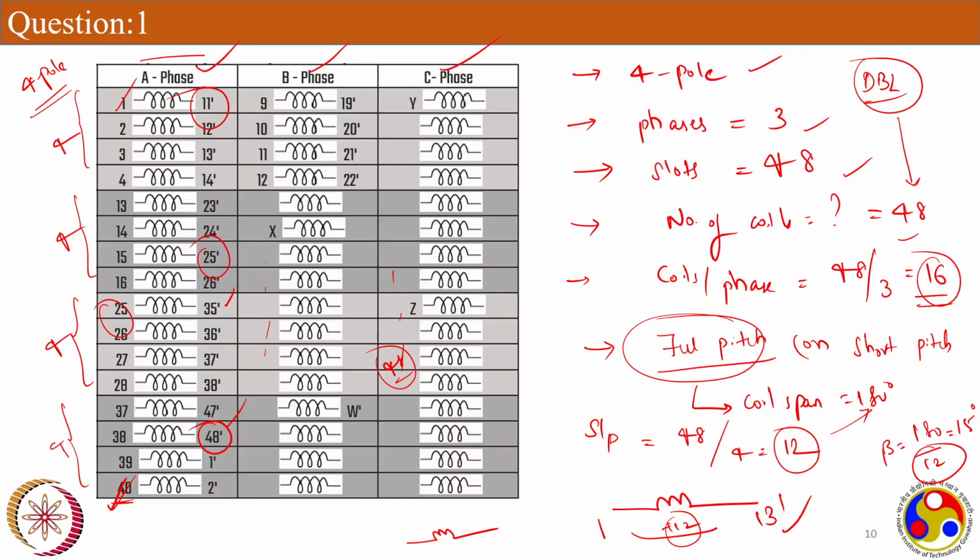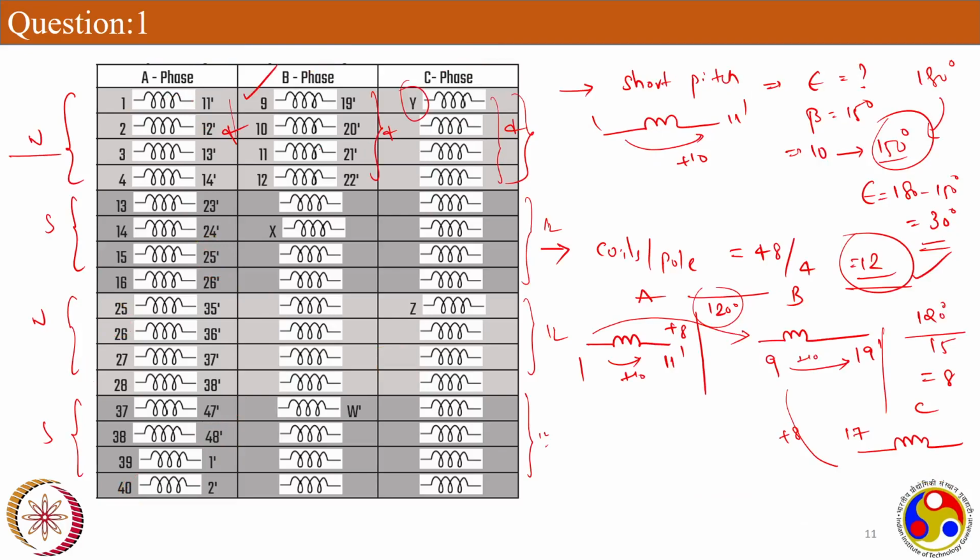Then we solved a bigger winding slot problem. It's a 48 slot three phase four pole machine, and with the discussed terminology, we completed the winding diagram and also calculated some winding terminologies of coil span, coil phase, pitch factor, distribution factor, everything.